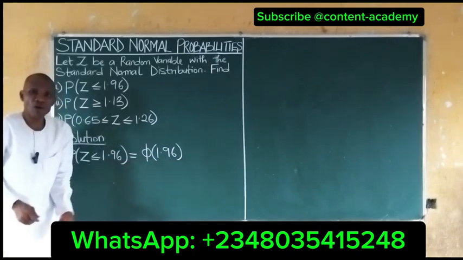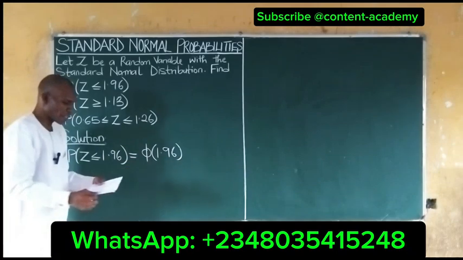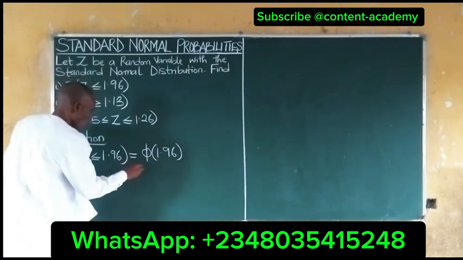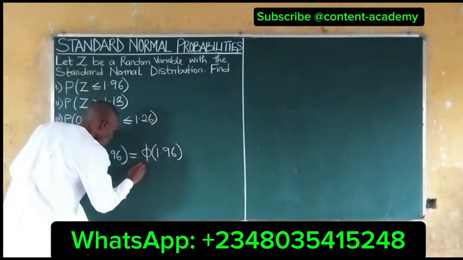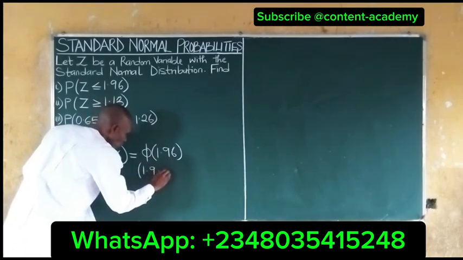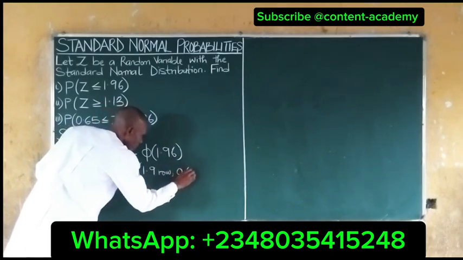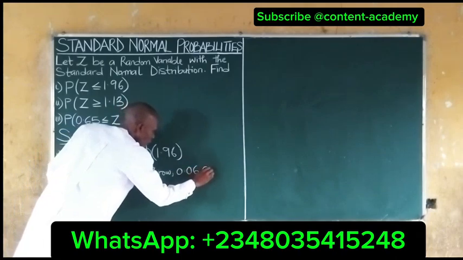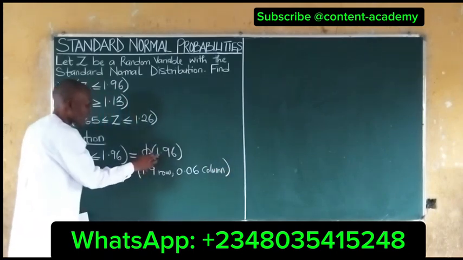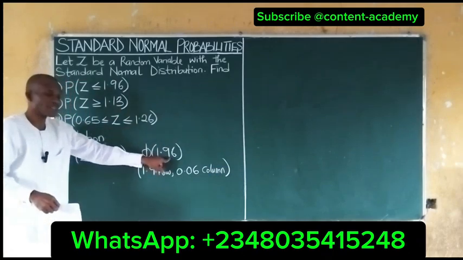Under the normal curve, for standard normal probabilities, there are data associated with it. So what you do is that you find 1.9 for the row, then under 0.06 for the column. So this is how you can obtain the standard normal values for 1.96.